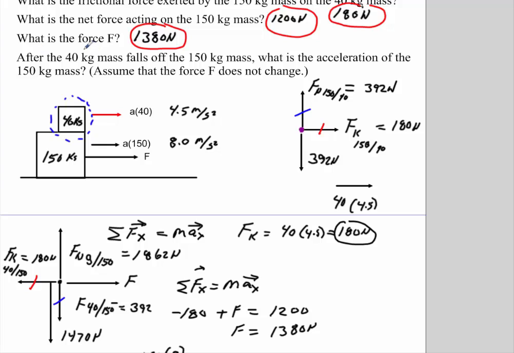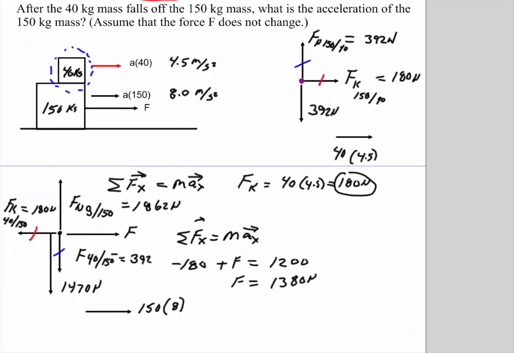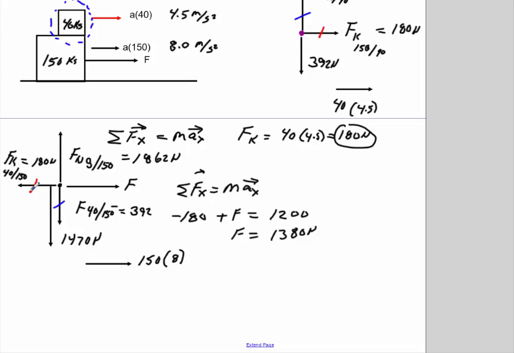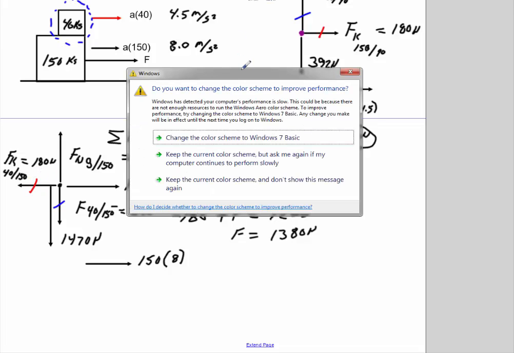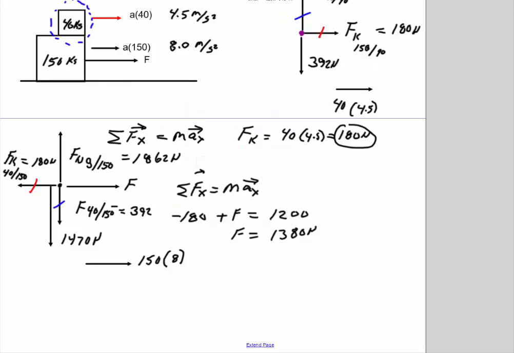The last question says, after the 40 kilogram mass falls off the 150 kilogram mass, what is the acceleration of the 150? Well, if it falls off, this force here, the frictional force, is going to disappear. F would remain the same. Get rid of this. So all I'd have to do is say the summation of forces in the x direction must equal mass times acceleration in the x direction.